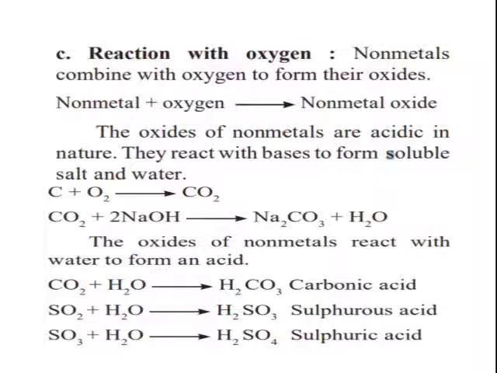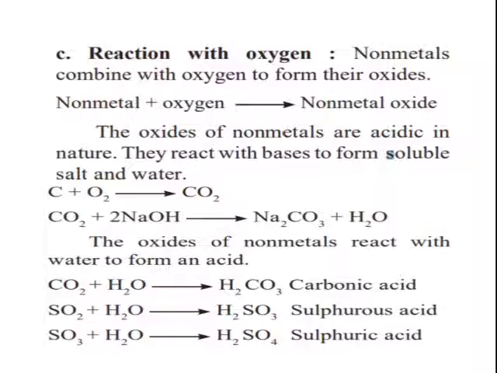The oxides of nonmetals react with water to form an acid. Let's see which acids are formed. CO2 plus water, that is H2O, gives out H2CO3. That is called carbonic acid.